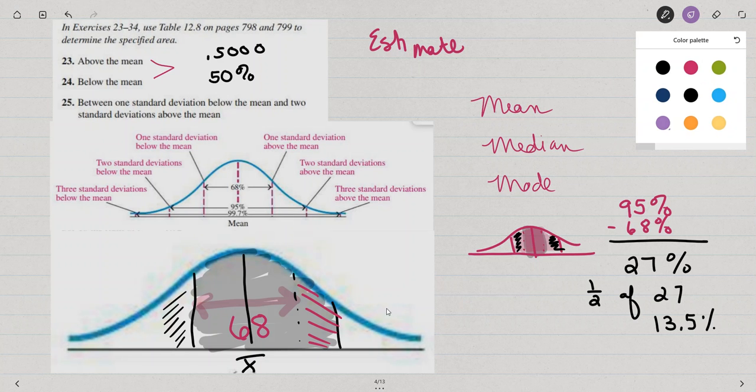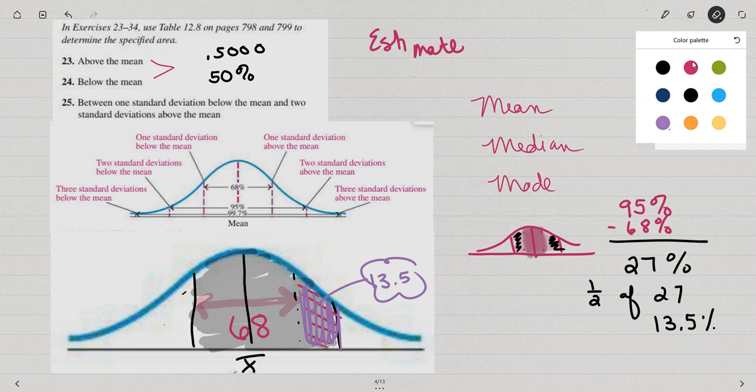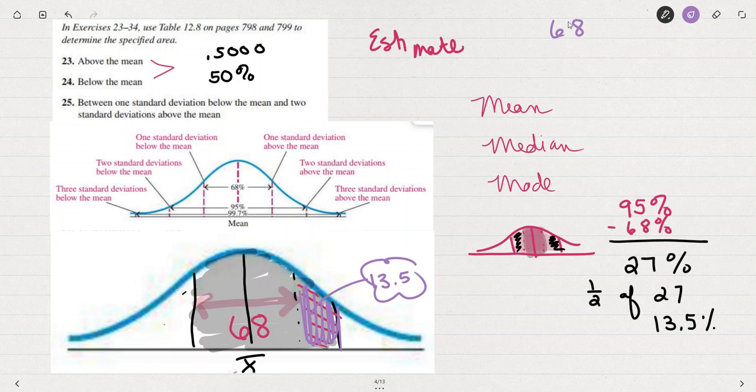So this purple part is 13.5. I can see that all together, if I'm looking for this gray shaded area, the gray that's not purple also was 68. And then that purple part is 13.5.